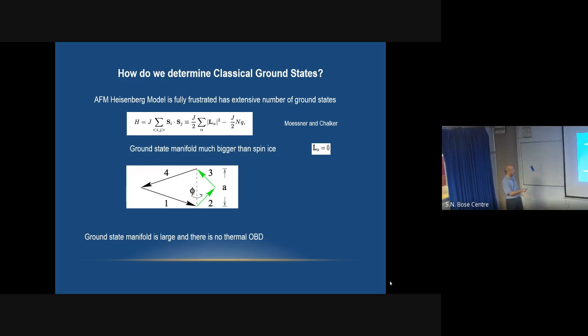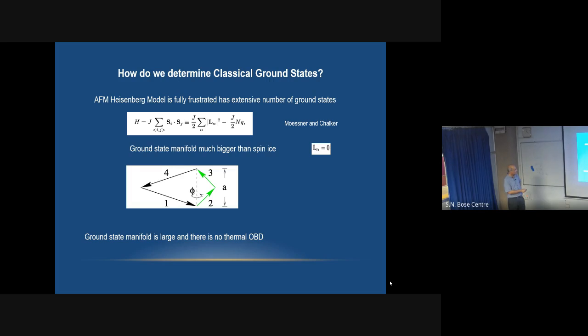And so that tells you that the ground state will be achieved provided the total angular momentum is 0 on each cluster. Classically, we have 4 spins over here, and they have to add up to 0. And it's a vector. So for 4 equal length vectors to add up to 0, there are just enormously many ways to do it.